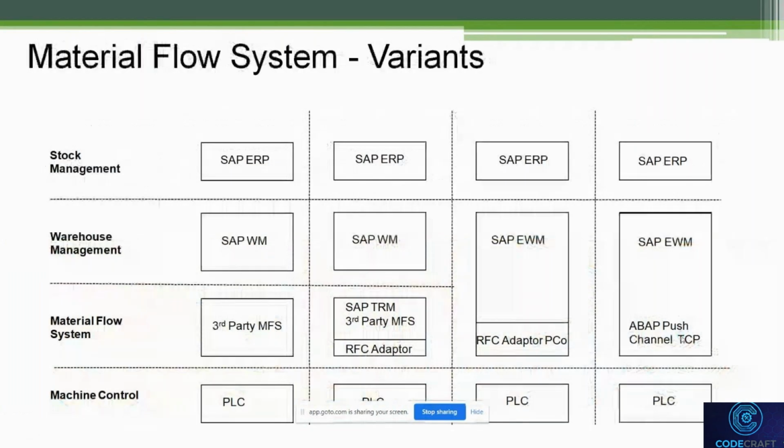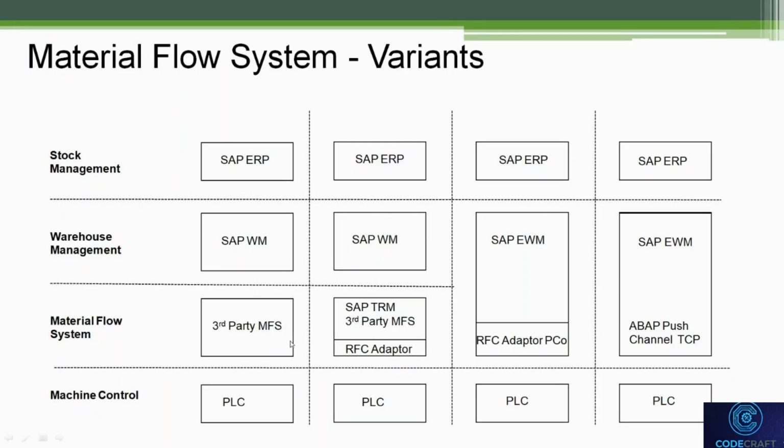Just to give you a brief background, SAP directly talks to the PLCs through something called ABAP push channel TCP. That is the latest advanced feature in EWM. But talking to these PLCs has been a challenge over a period of years. We used to have third-party MFS, some third-party middlewares.